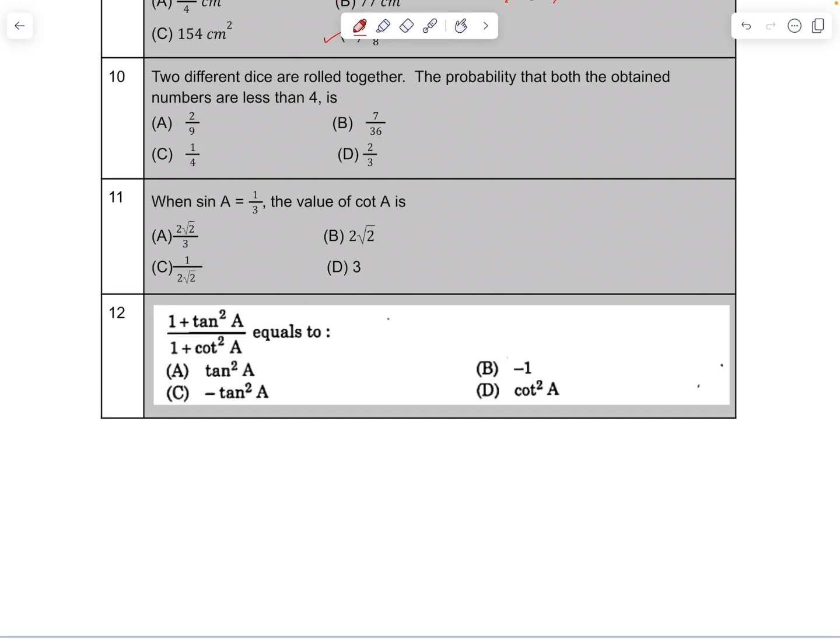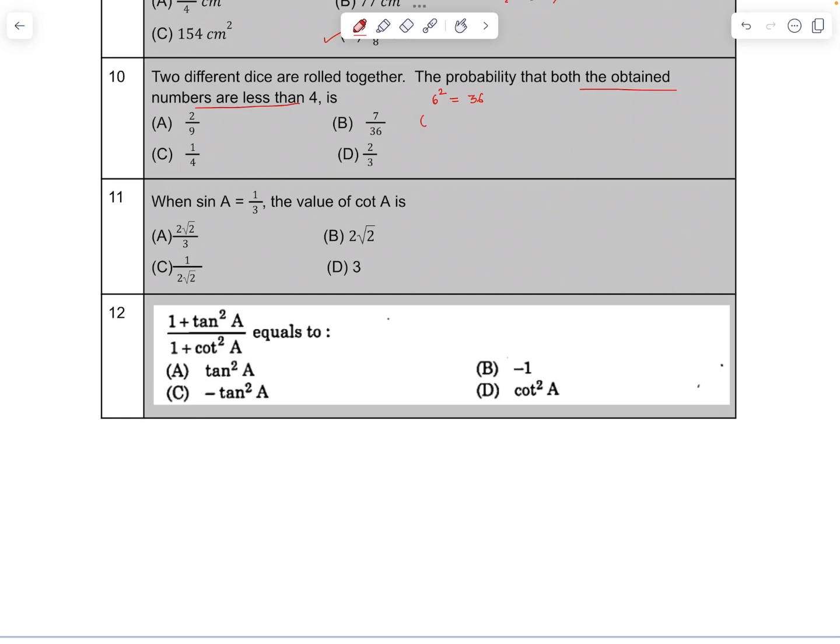Question number 10. Two different dice are rolled together. The probability that both the obtained numbers are less than 4 is. The number of possible outcomes is 6 square, which is 36. What we require is that both the obtained numbers are less than 4.